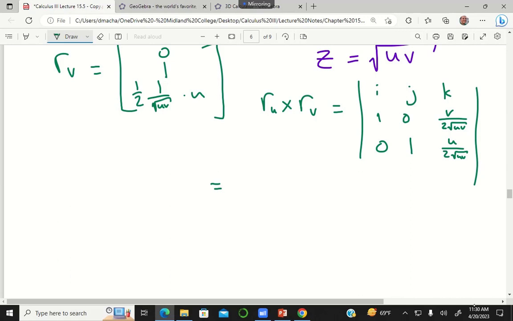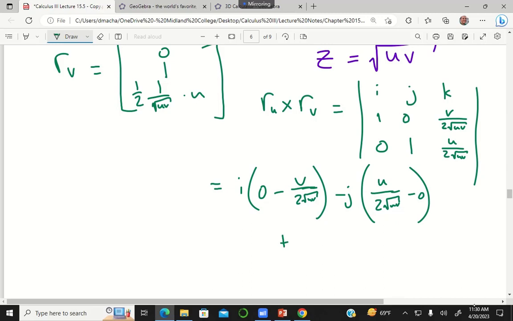So I'll have i times 0 minus v over 2 root uv, minus j times u over 2 root uv minus 0, plus k times 1.